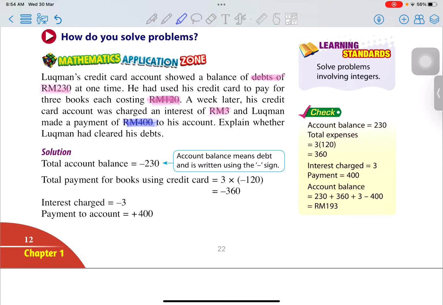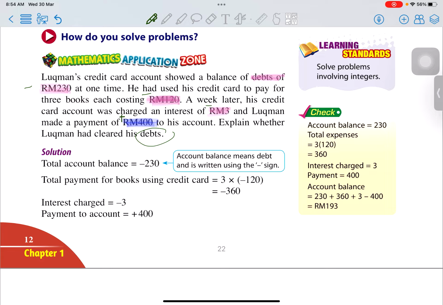So this one becomes positive. You must know that the debt is negative, the books are also negative, and the interest is also negative. When he makes a payment, this one becomes positive. So you must explain whether Luqman has cleared his debt or not.